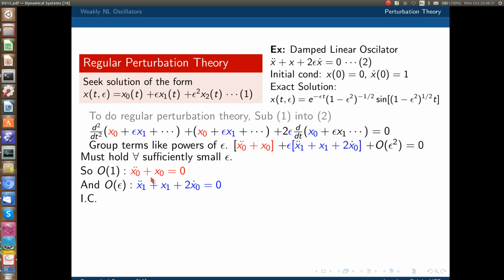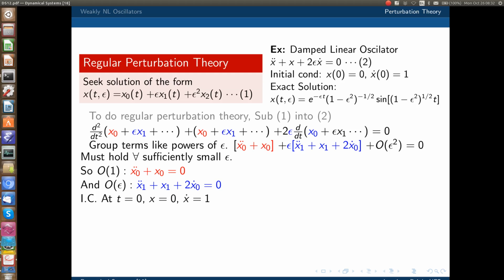So now you have two different unknowns, x0 and x1. You have to specify initial conditions for both of them, and you use the same type of argument as what I've just used. So, for example, your initial conditions at t equals 0 is x equals 0 and x dot equals 1.